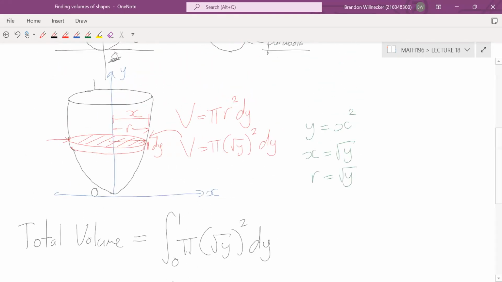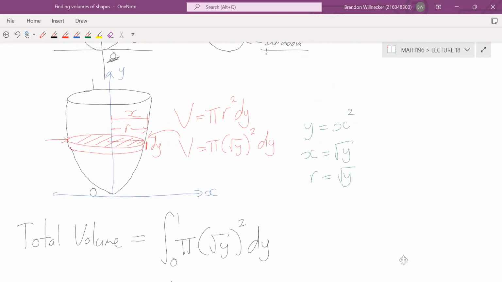So we see that given some shape, in terms of functions and lines and all of that, just to give us the region, what we need to do is figure out how we are going to slice the shape up. So here, we can see that we can make horizontal slices. Each slice is going to be like a little disc or a little cylinder.